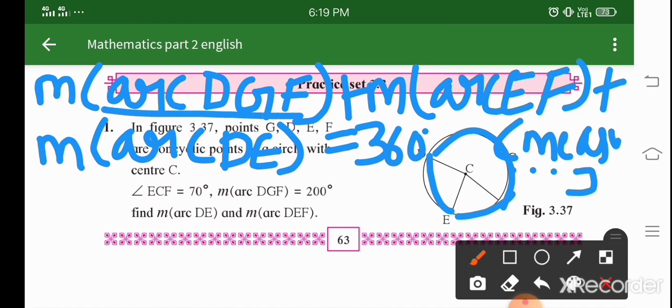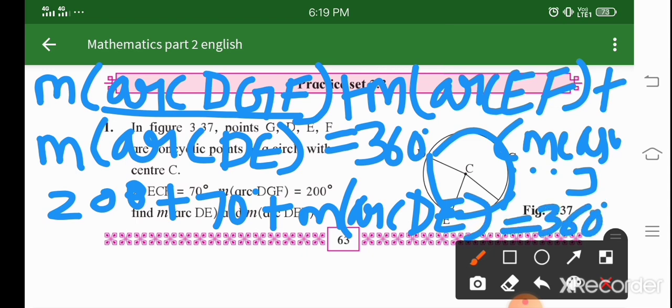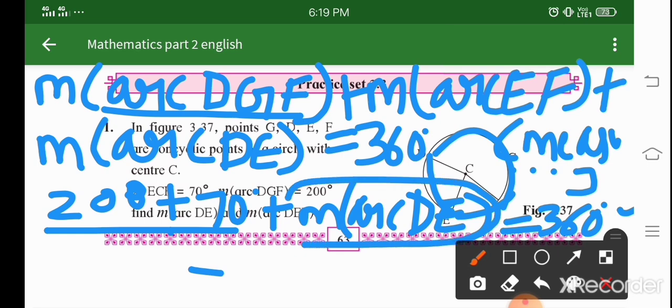DGF they have given 200, just write over there 200, and EF we have found, 70, and this arc DE, right? This is equal to 360. So now can you see, 200 plus 70 will be 270. This 270 goes over there, so how much will it be? 360 minus 270, it will be 90. So you will get the value of this DE.